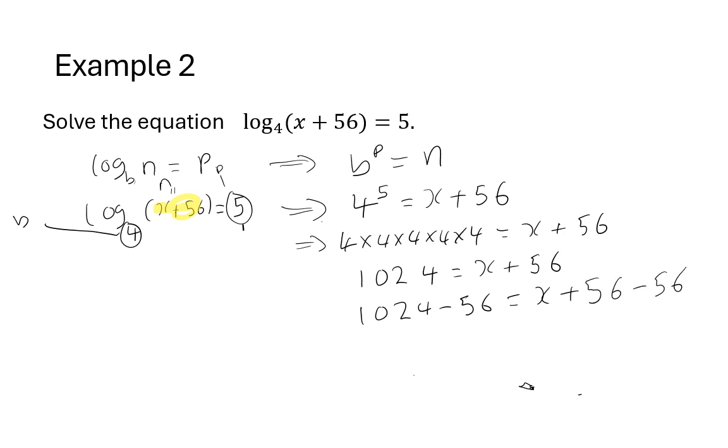Then from here we'll have 1024 minus 56. This will give us 968, and this will give us x. 56 minus 56 is 0, so we have 968 is equal to x, or we can just write x is equal to 968.